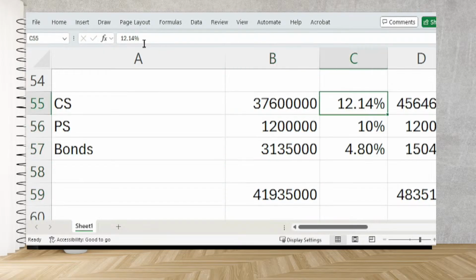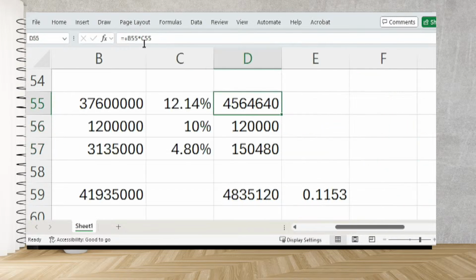Okay, and then the percentage cost of capital, 12.14, 10, 4.80. Yes. Okay, the same percentage you took, but then, sir, 4.7, 4.8. 8,000 plus four multiplied by 4.7. I mean, where did you take the 4.7?